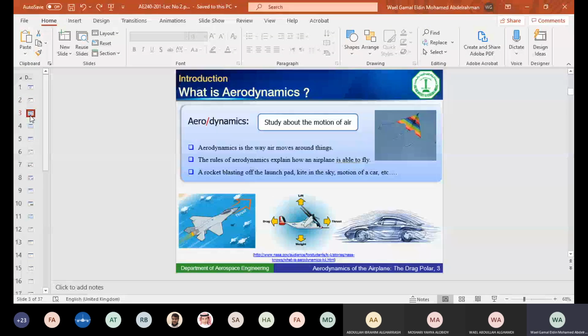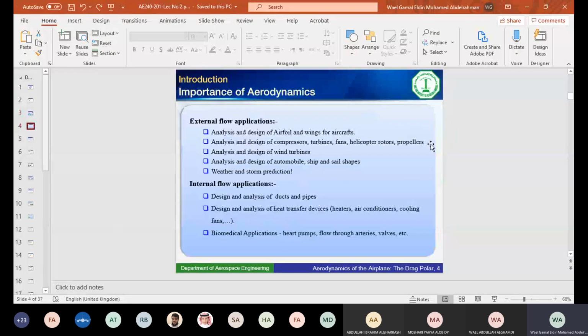When we talk aerodynamics, we basically talk about the motion of air around objects. These objects could be an airplane, a car, a kite, anything that has to do with the study of motion of air. Aerodynamics has several applications. It doesn't have to be flow around the body; it could be flow inside the body.